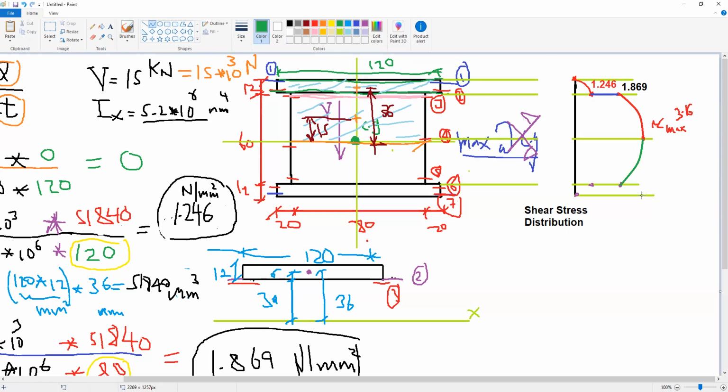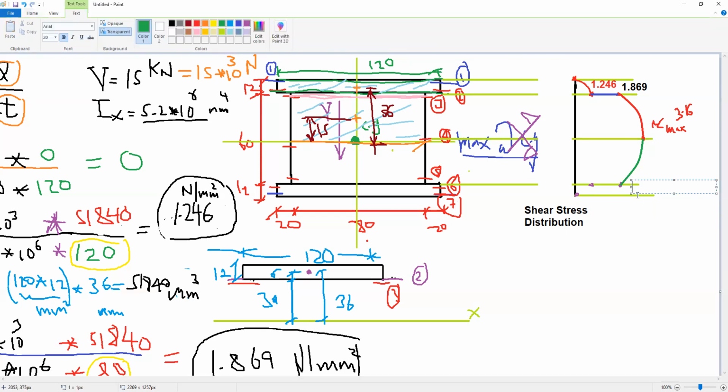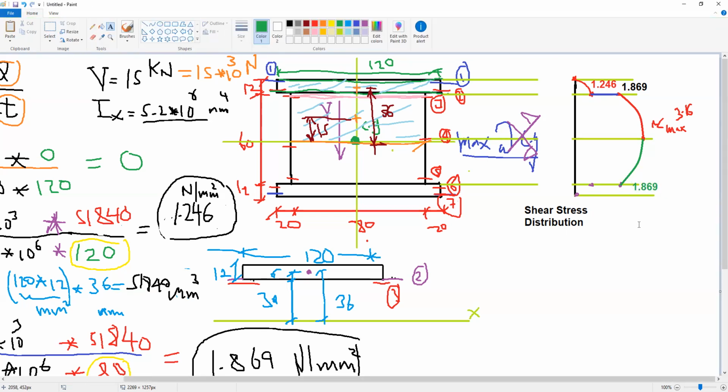Okay, the value here is the same value as at the top, 1.869. And we should connect these two values with a line. So this is the line we have. This value is the same as the top part.